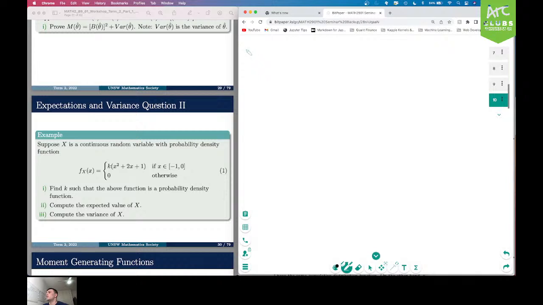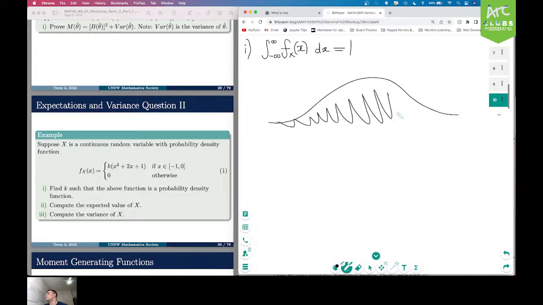Cool. So what we're going to have to do here is note that, generally speaking, if we take the integral over the entire support of a probability density function, we need this to be equal to 1. As I collect all probability from negative infinity to infinity, I have to get 1.